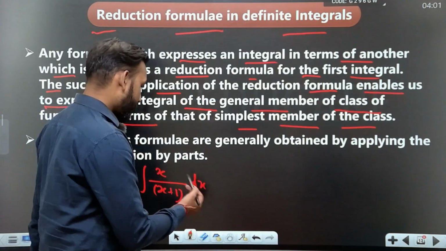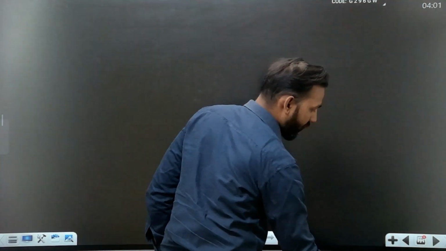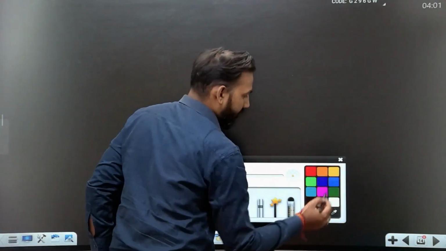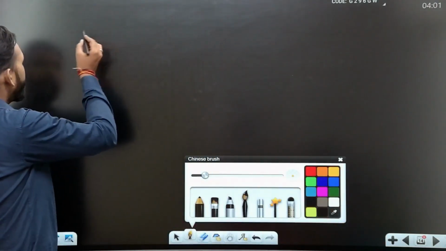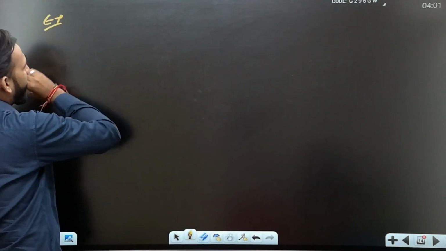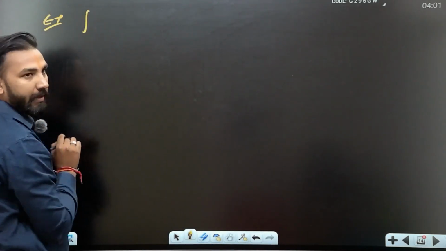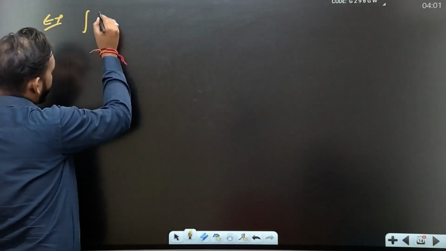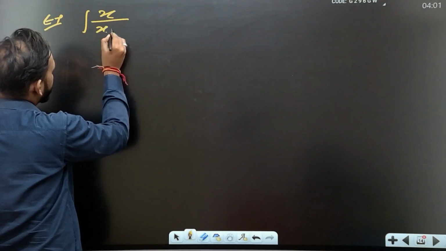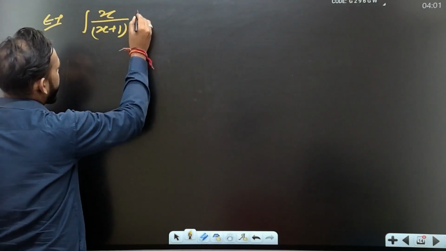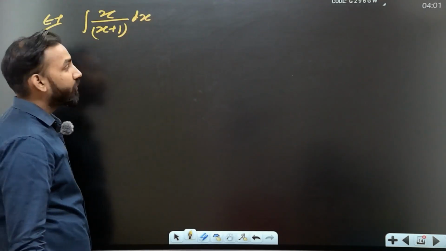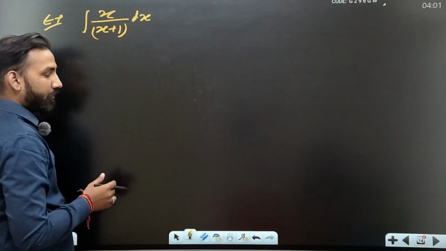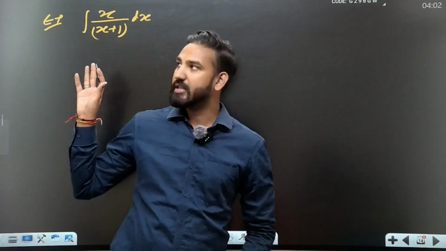Let's try to understand the exact meaning of the reduction formula. If we take an example where we want to integrate x over x plus 1 dx, we want to calculate this particular thing, but we don't have any method to calculate this, right?